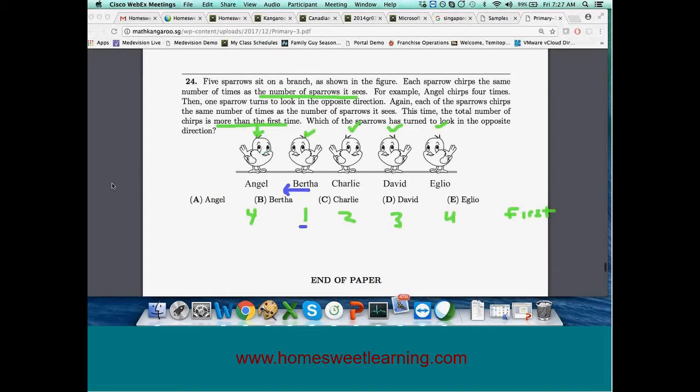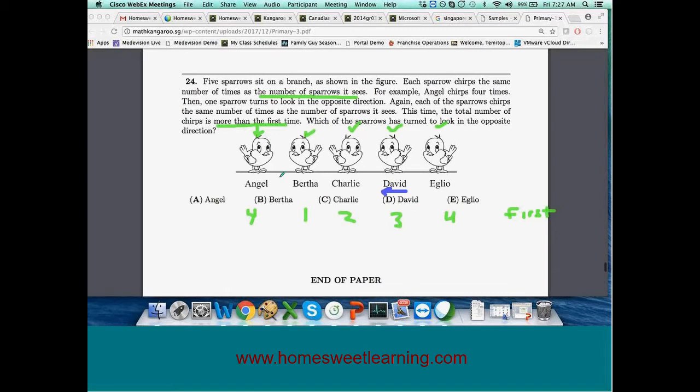Now, if we switch our attention to Charlie, he will have 2, because he sees David and Eglio. Now, if we switch our attention to David, he's looking this way. So who does he see? He sees Charlie, Bertha, Angel.